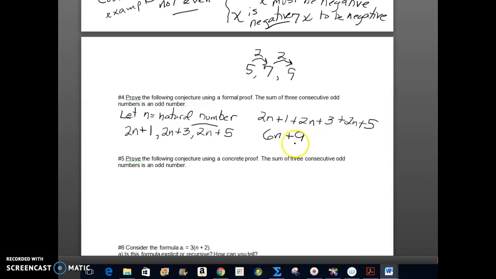Okay, so I'm going to factor this, and it looks like I can take a 3 out. And if I take a 3 out, I'm going to be left with 2n plus 3. Okay? And now I need to say, hey, I know that this is an odd number.